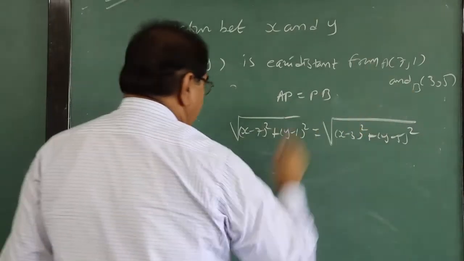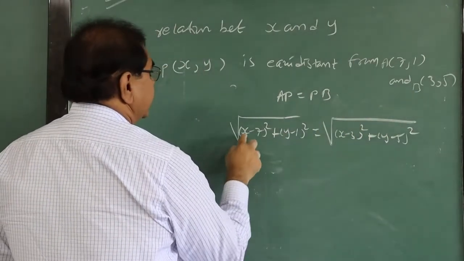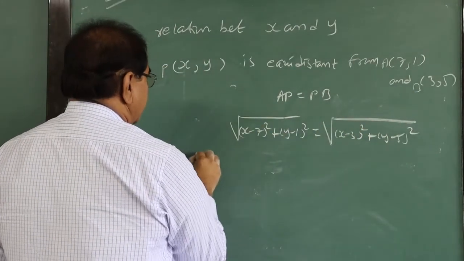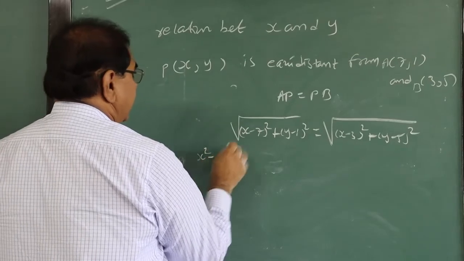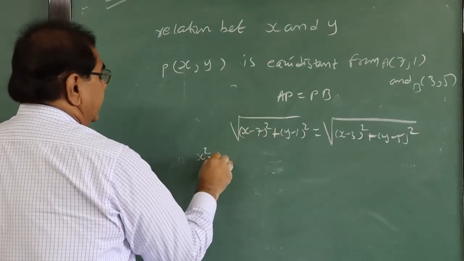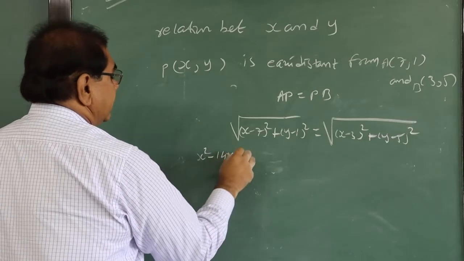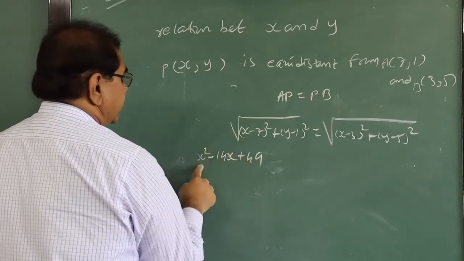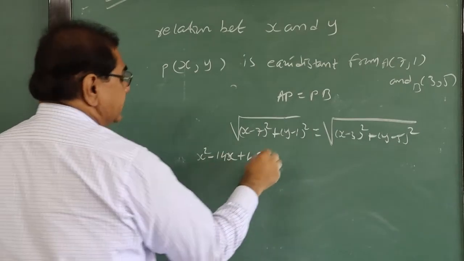Okay, the square root is gone from either side, so it is (x minus 7) whole square. So x square minus 14x plus 49, using the formula a minus b whole square, a square minus 2ab plus b square.